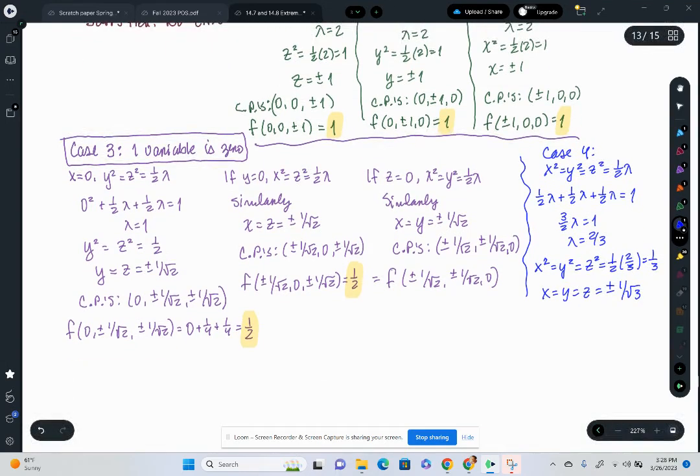Okay, that gives us a whole lot more critical points, but we'll just write them very succinctly. The critical points are all combinations of plus or minus 1 over square root 3 for all of these.